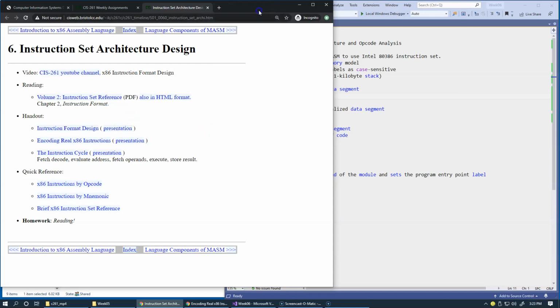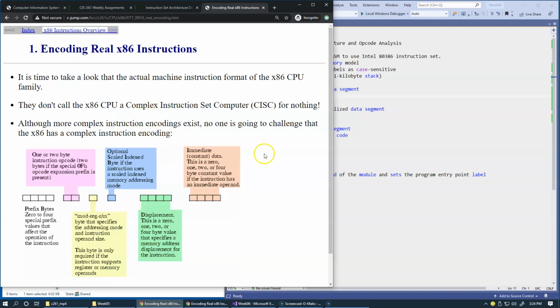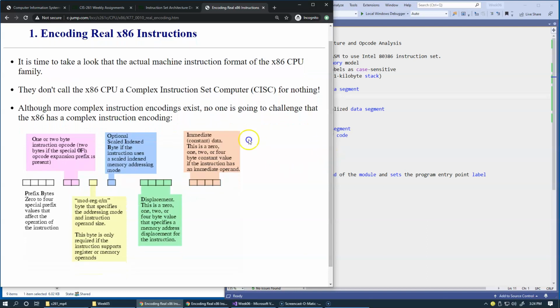Our next handout is going to be encoding real instructions of the Intel x86 platform, the 32-bit size instructions. And so this is our presentation for this section of our course. And this is a general look at the Intel instruction on its 32-bit platform.